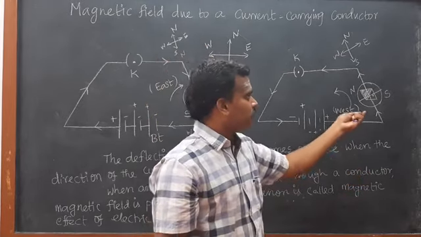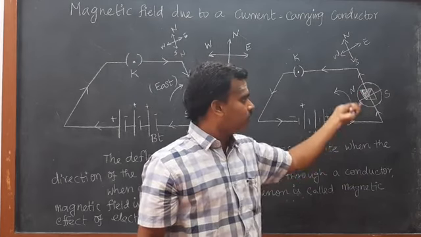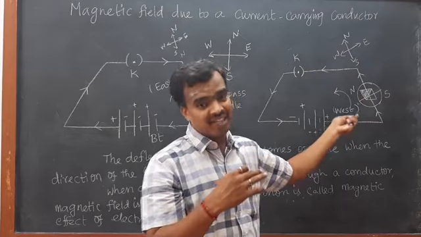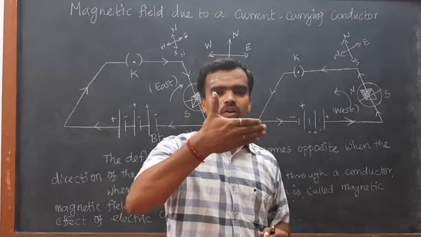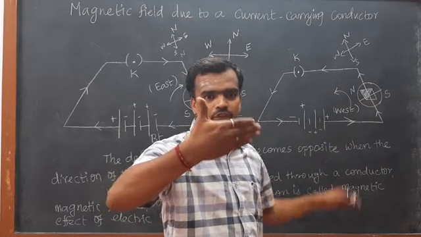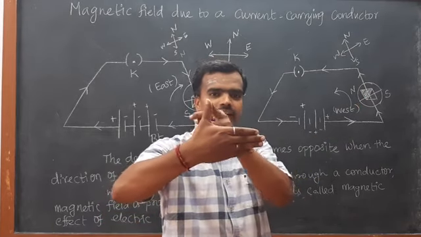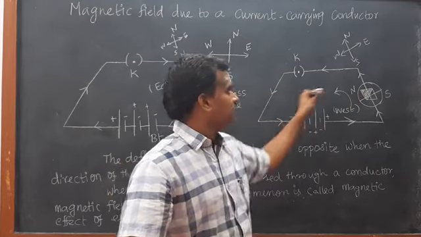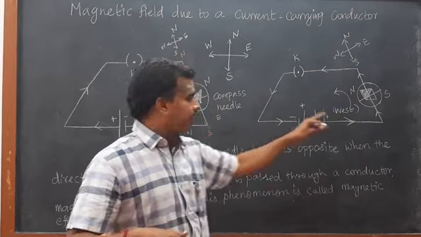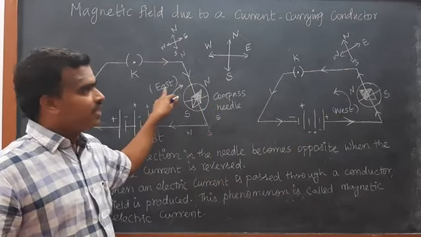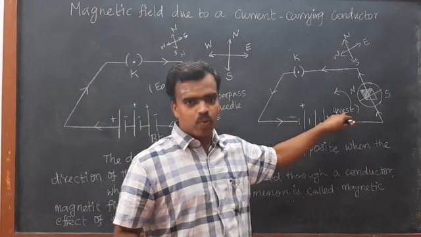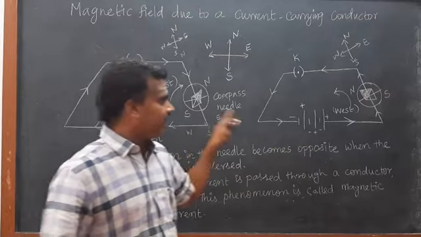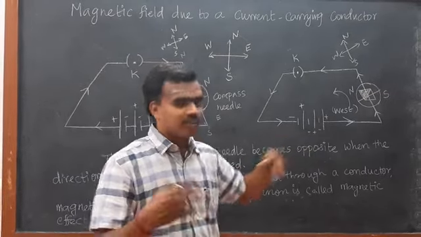If you place the compass needle parallel to this straight line conductor, it will be deflected towards the west direction. Whenever the deflections confuse you, use your right hand: the thumb indicates the current direction and the rest of the fingers indicate the magnetic field direction. So here it is deflected in the east direction and here in the west direction. Why did the deflection change? Because we changed the polarity of the battery, so the direction of current also changed, and due to that the deflection also changes.